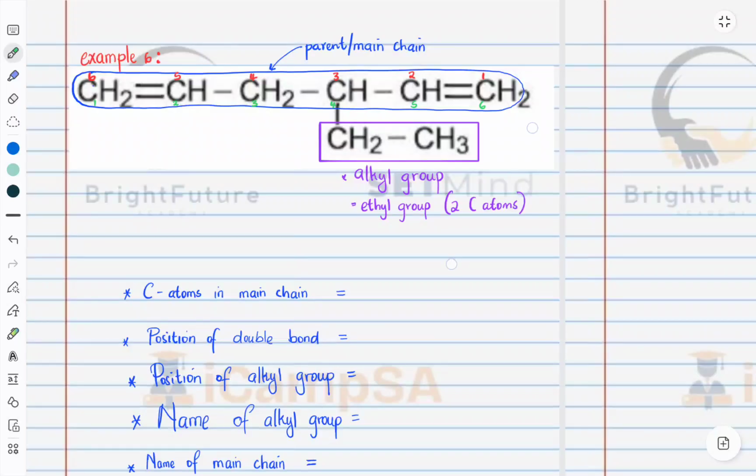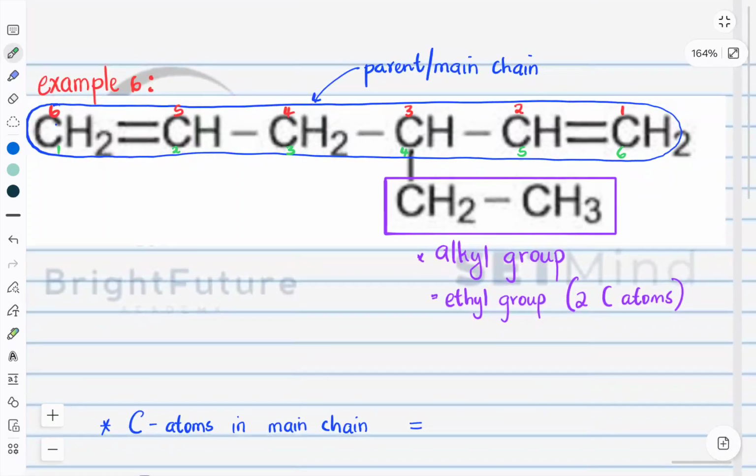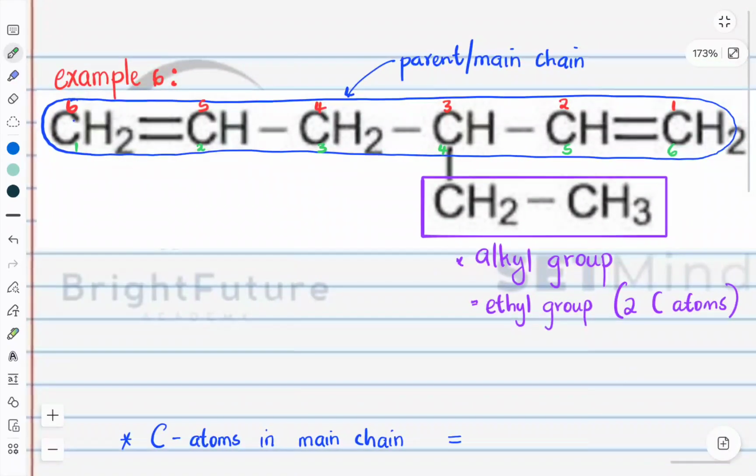So now, only then can we start considering our alkyl group, right? So if we check, if I number from left to right, the alkyl group is on number 4.